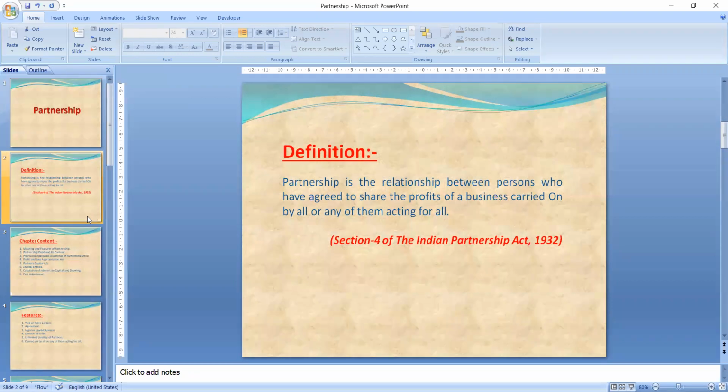Section 4 of the Indian Partnership Act contains the definition for partnership, and the Indian Partnership Act is rules and regulations made by the government in 1932 to regulate the partnership business. Anything that happens under partnership should be in accordance with this act.